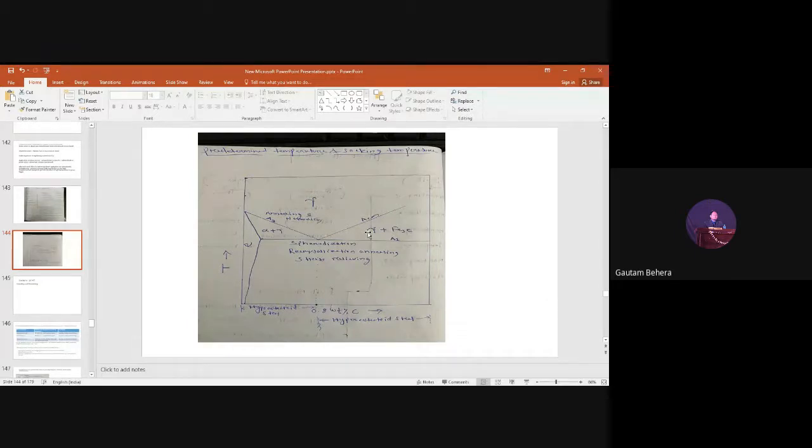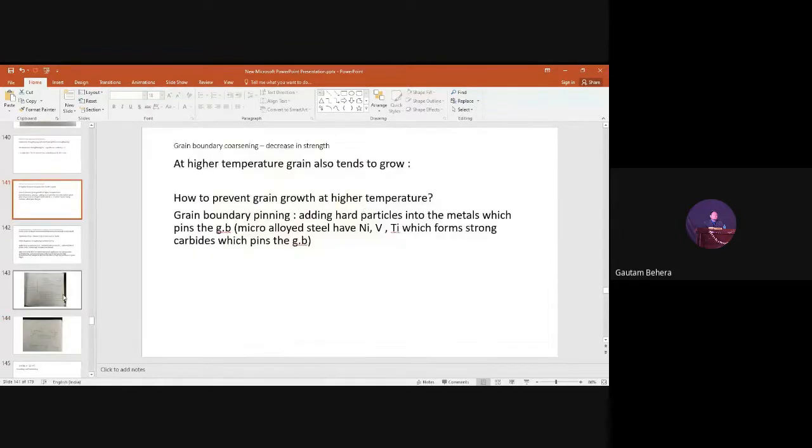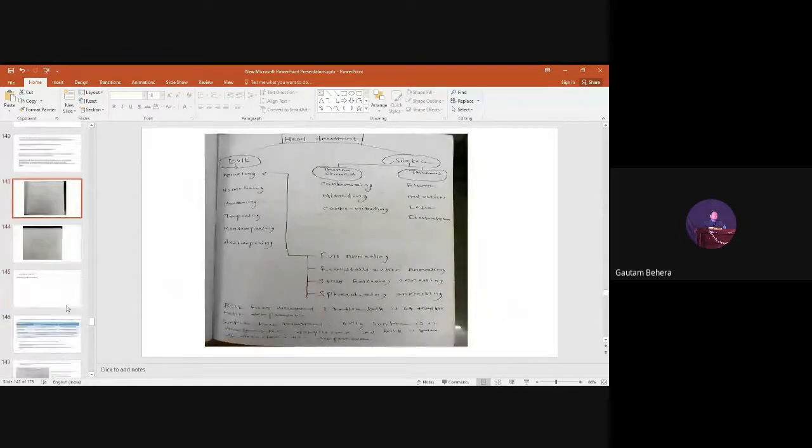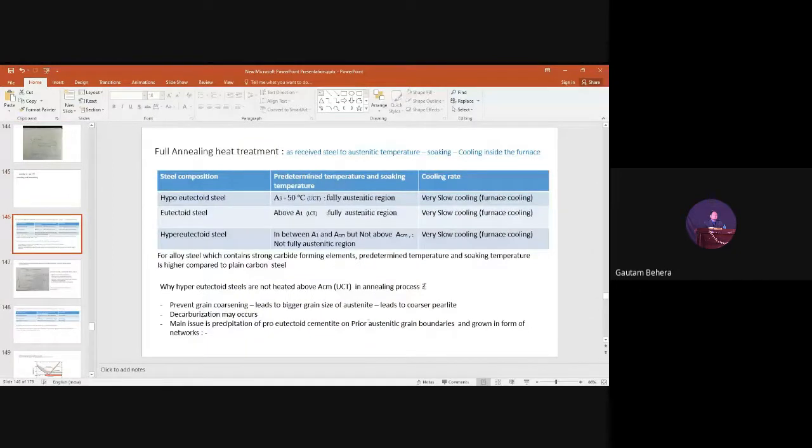You can see this one. Furnace cooling, a very slow rate of cooling. Very slow rate of cooling means the cooling rate is so slow that precipitation of cementite will be there along the grain boundary, and that precipitate will grow along the grain boundaries completely.